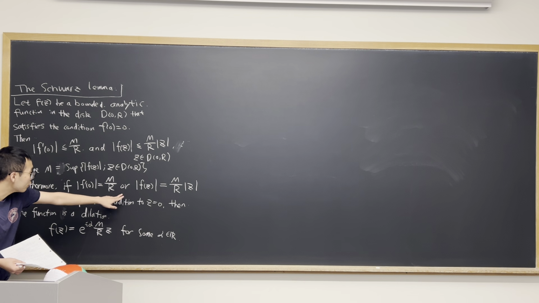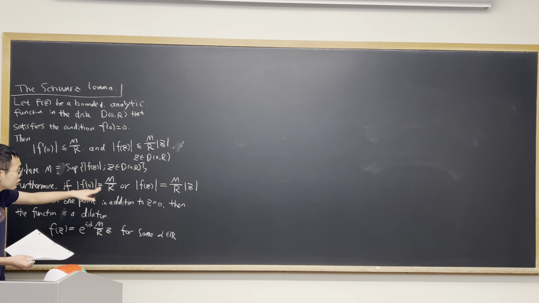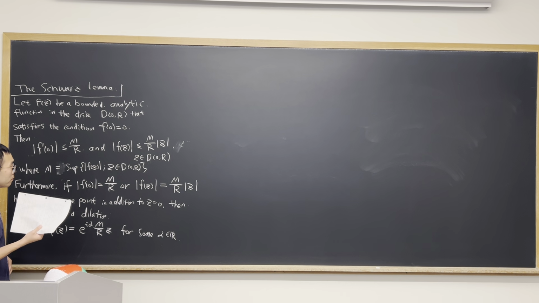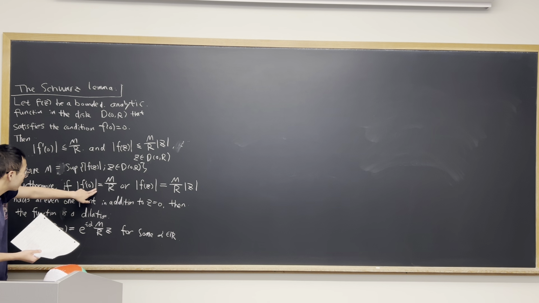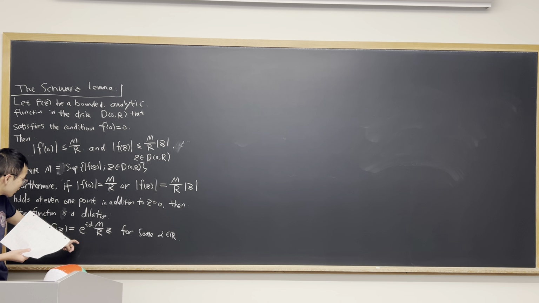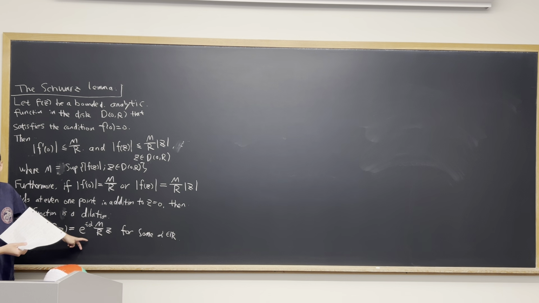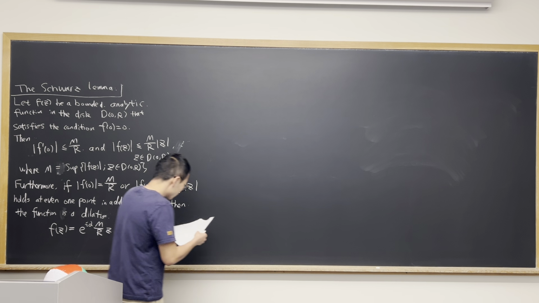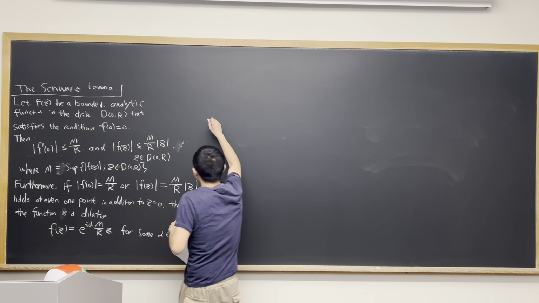They may not hold at the same time, but if either of these two conditions is satisfied, then we say that this function is a dilation. Okay, so let's begin to prove this.